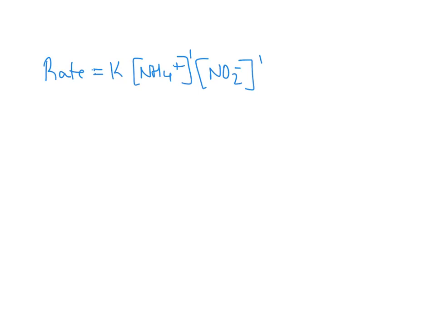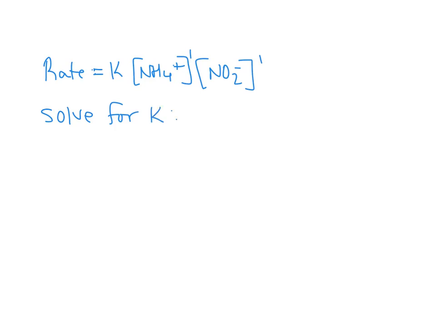And once you know the equation for your rate law, so I have that rate is equal to k times NH4 plus times NO2 minus, because you know your exponents, then it's going to ask you to do things like solve for k. What is the value of the rate constant?